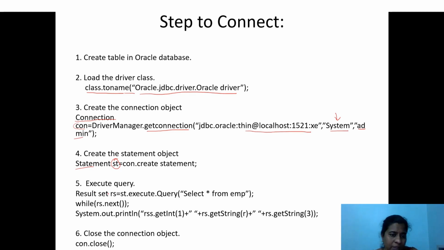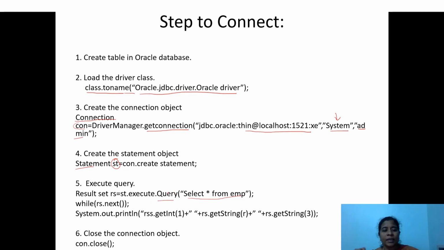Then you execute the query, and the result will be available in the result set, so we have to create an object for that ResultSet. ResultSet rs = s.executeQuery("select * from employee table"). This is our query, and for executing this query, the method we have to use is executeQuery.